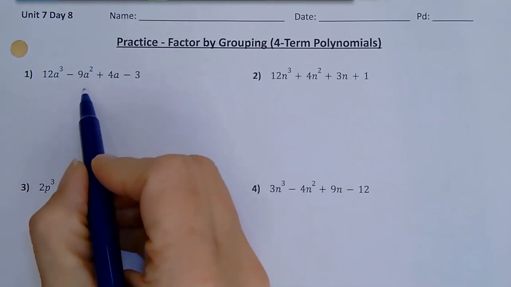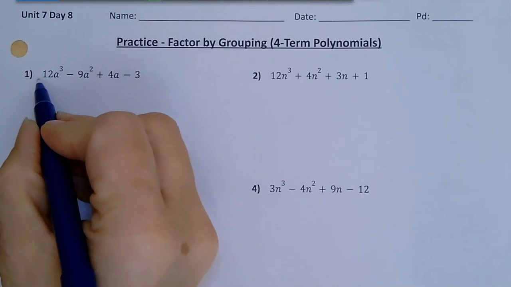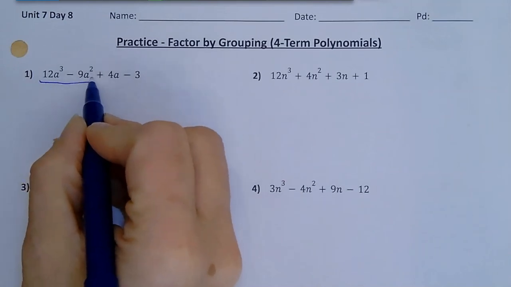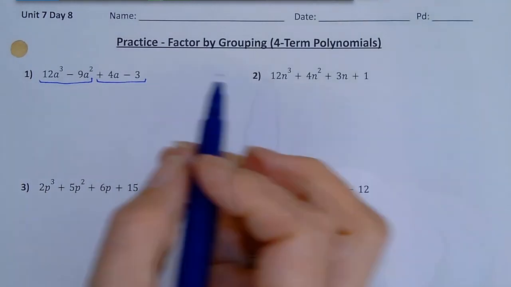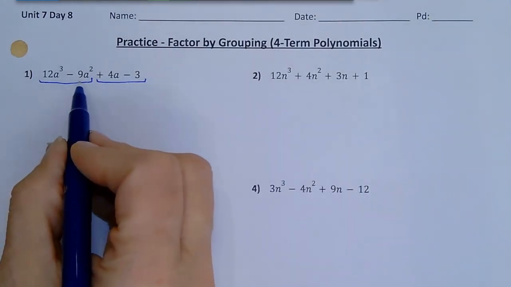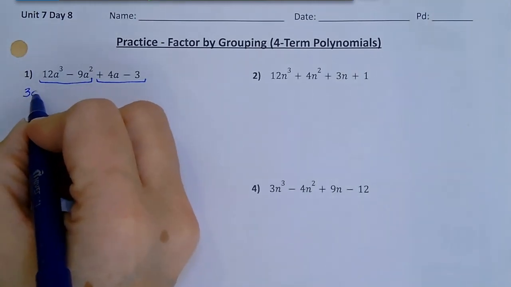12a cubed minus 9a squared plus 4a minus 3. If I factor by grouping, I'm going to take my first two terms and my second two terms, and see what I can factor out of each of those, right? So 12a cubed minus 9a squared, I can take 3a squared out of those.